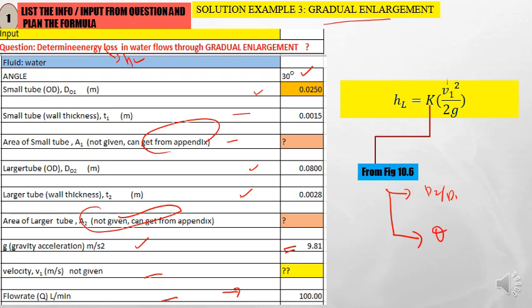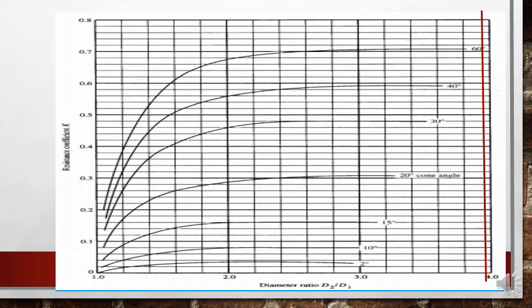For V1, we use the same formula, which is Q divided by A1. So this is the figure 10.6, from which we will get K, the resistance coefficient, in order to calculate the HL.